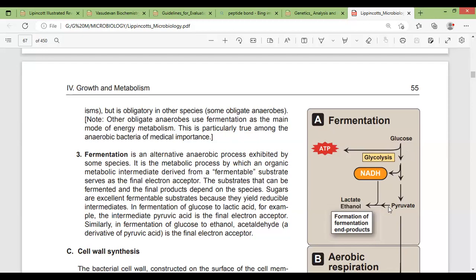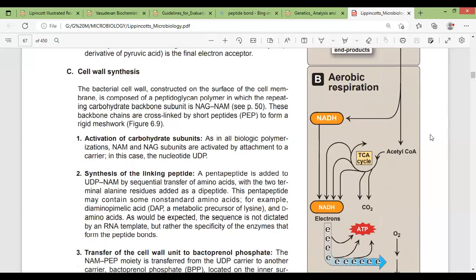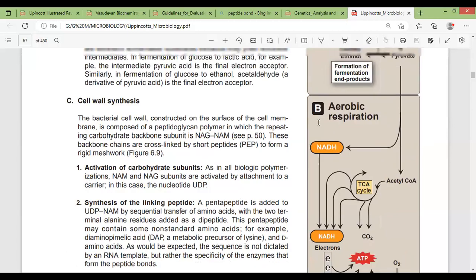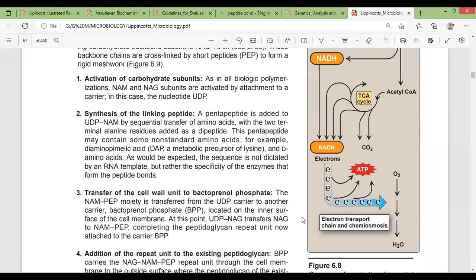Then in aerobic respiration, it still produces NADH from glycolysis and from the TCA cycle. We are seeing the TCA cycle here. Again, we can see the electron transport chain coming in, with production of water. Remember, we said the electron acceptor in the electron transport chain is oxygen, and we're able to produce water.